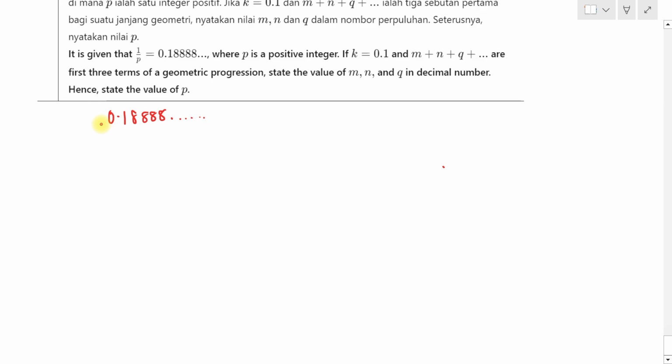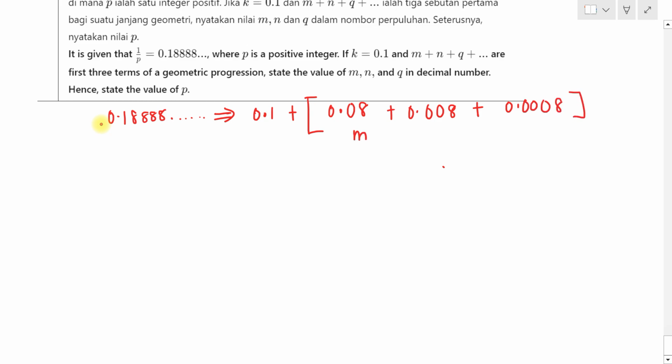0.18888, like that, right? So we want to break it into a progression. Okay, now this is your progression. So 0.1, we leave out first, and then 0.08, plus 0.008, and then the next number is 0.0008.